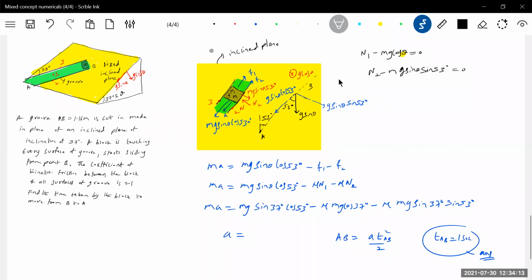Once you get things correct, the block is not in contact. Block is not in contact with wall 3.